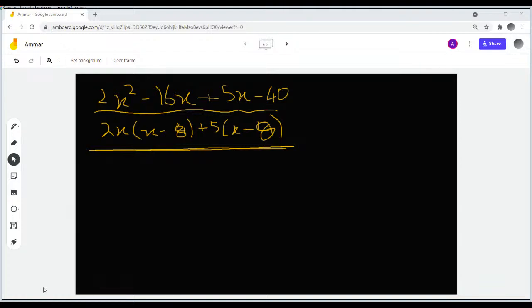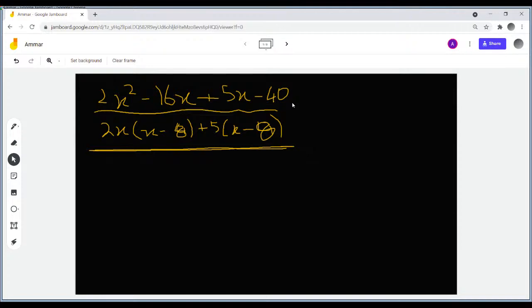Now it has 2x squared, so I can't. Okay. Break the second term down into factors.